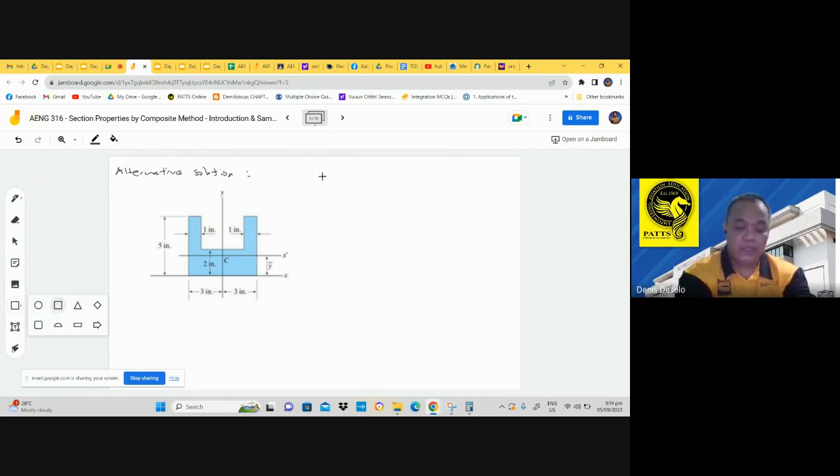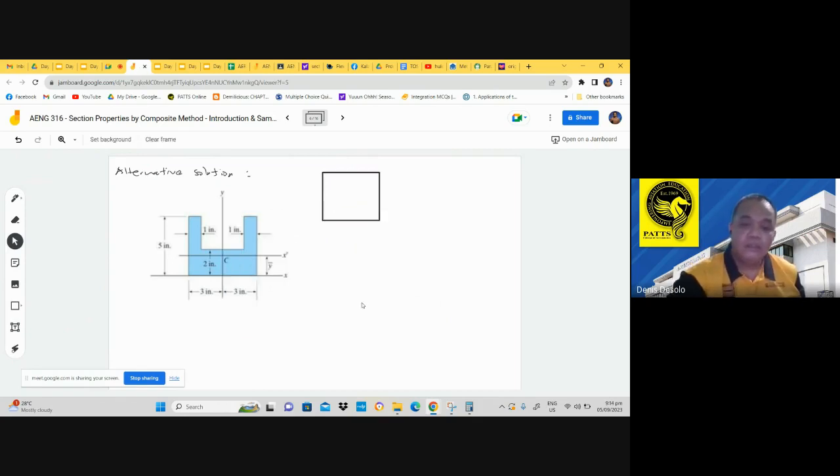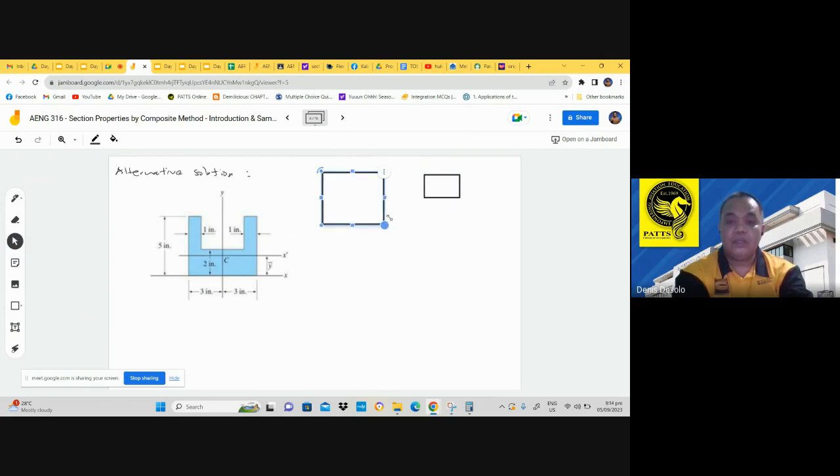So the first part will be this one, and the second part is this one. So I'll be having two rectangles. Okay, so that's two rectangles.